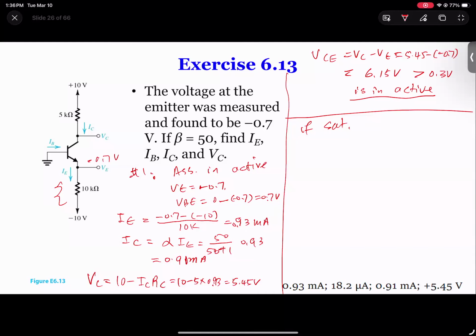If you assume it's in saturation, how do you do the problem? Now, if we do assume it's in saturation, we still know that VE is minus 0.7, which is still correct. VE is still minus 0.7 because that one is 0.3.